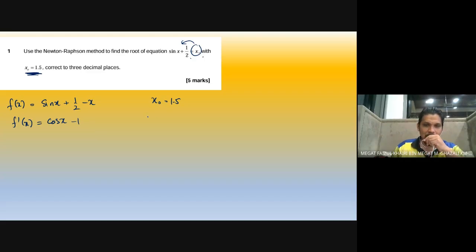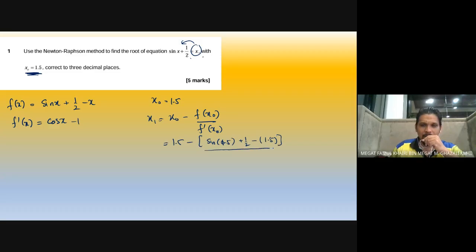Now x1 equals x naught minus f(x naught) divided by f prime x naught. So 1.5 minus sine 1.5 plus 1 over 2 minus 1.5, divided by f prime, cos 1.5 minus 1.